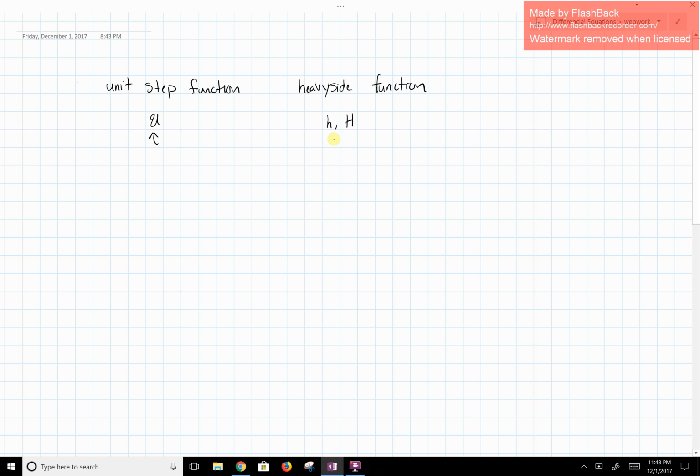In programs like MATLAB, Maple, or Mathematica, you might see it displayed as an H. If you're in engineering, the H is going to probably be more helpful for you than it would be right now in this class.